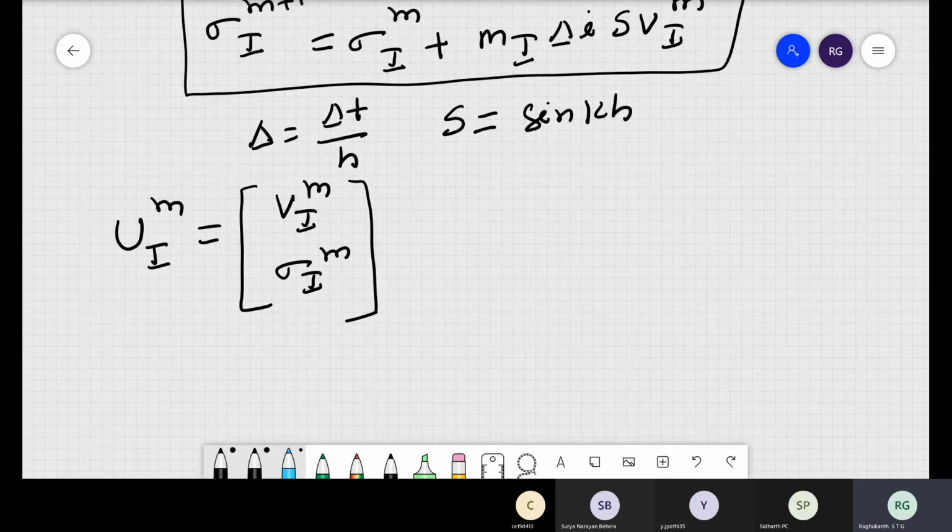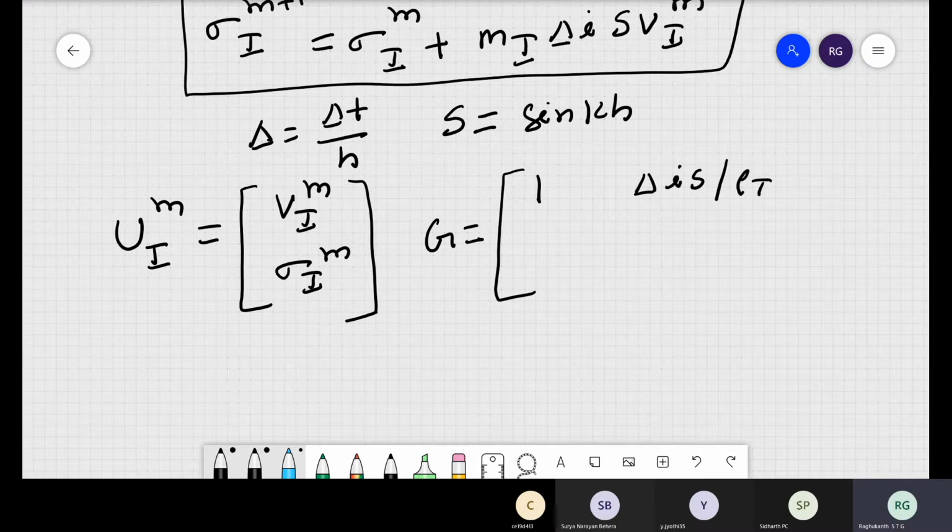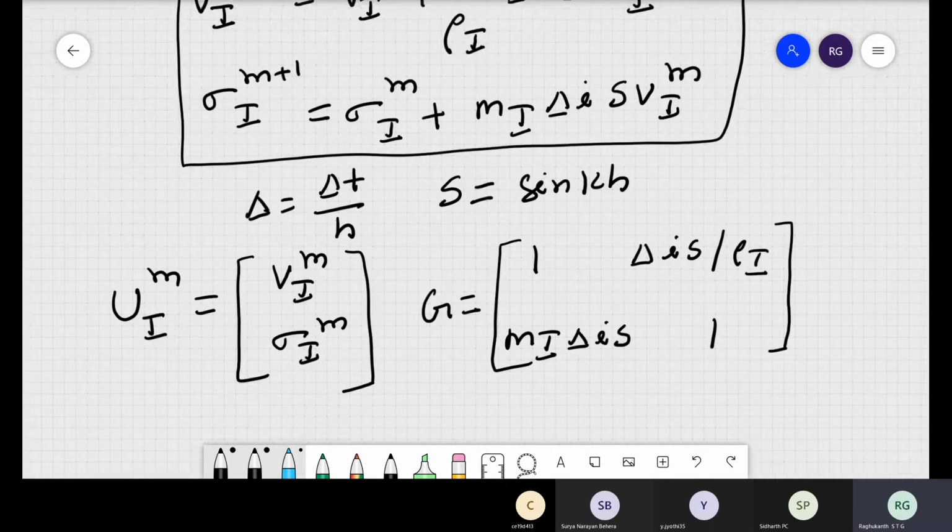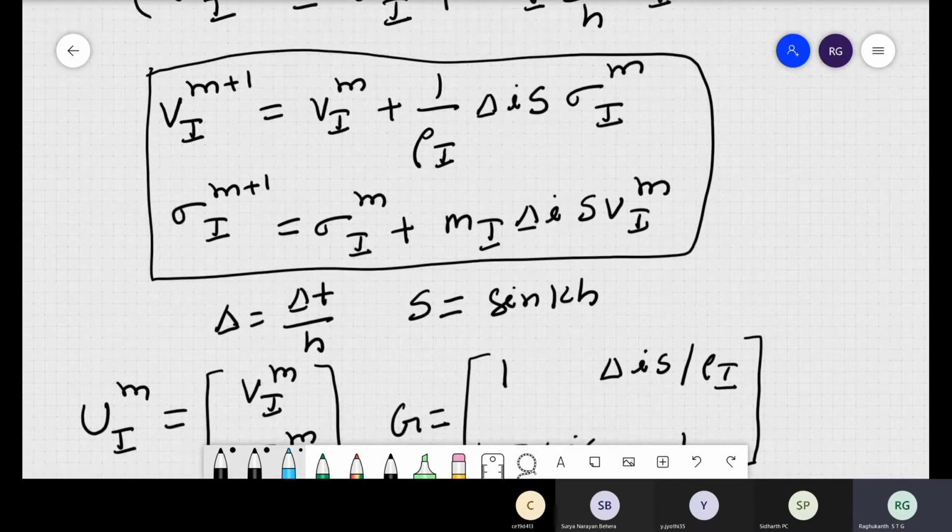And now if we define a matrix G like this: 1, delta S by rho_i, then mu_i delta S, 1. So this is also one matrix, a G kind of a thing. If you see these equations carefully, m plus 1 is related to V_i of m and sigma_i of m.